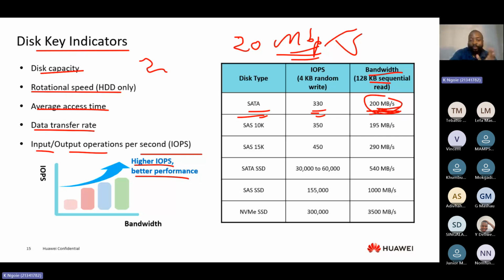You understand? And then the last one will be the input-output operations per second, which is IOPS. This is the number of read-write operations a disk can handle per second. So in 1 second, if you have multiple operations, how well can this disk handle them?